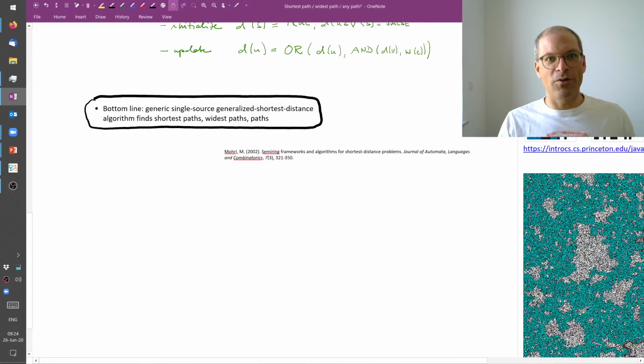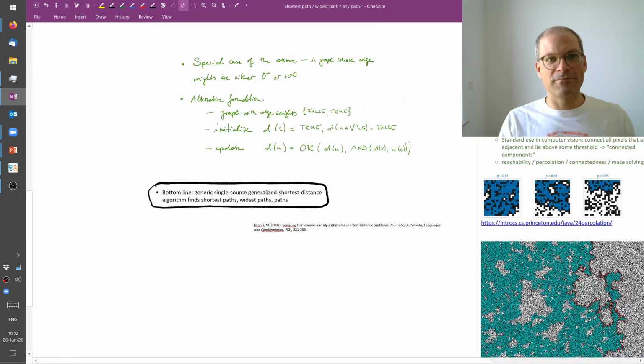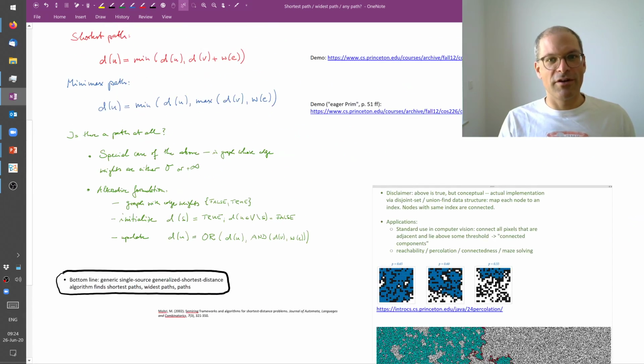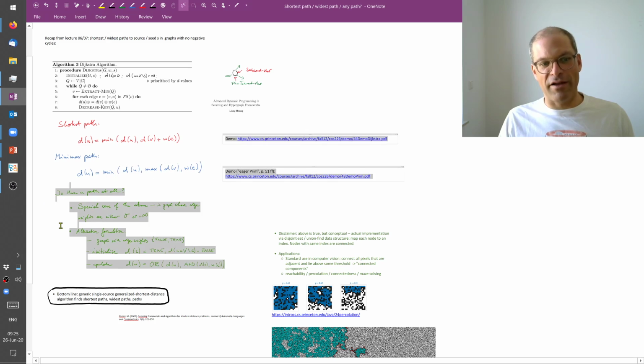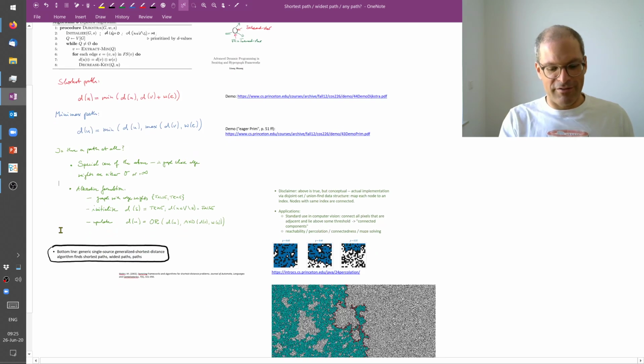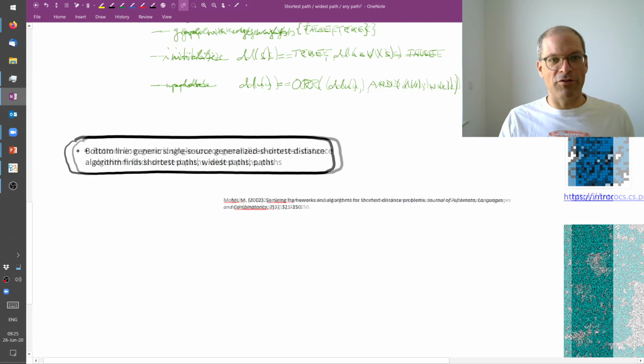All right, so we have used the same skeleton of an algorithm with just a different update rule, and this single kind of algorithm has allowed us to solve the shortest path problem, the minimax path problem, or the existence of a path problem. And this is what I wrote here.